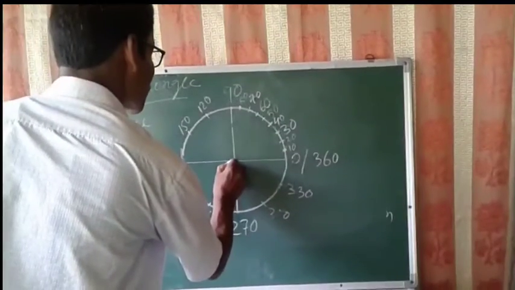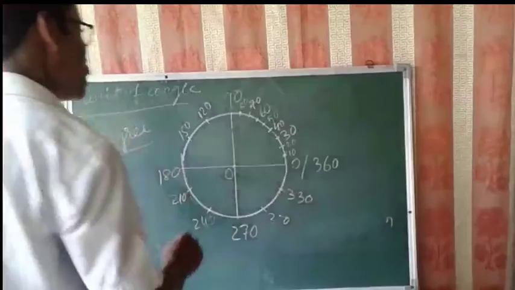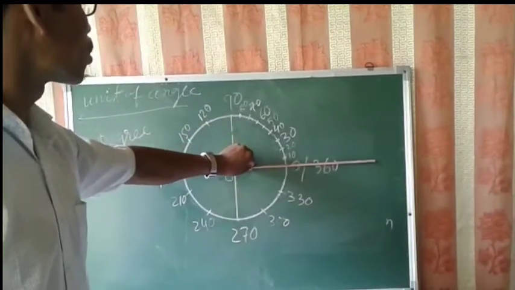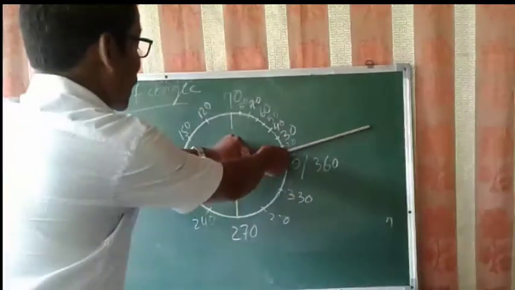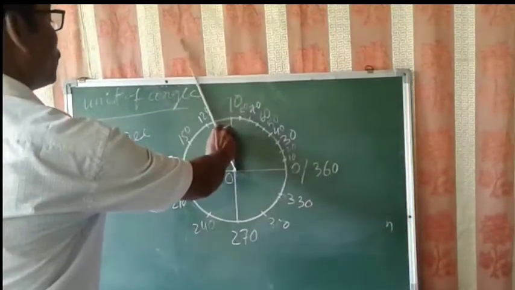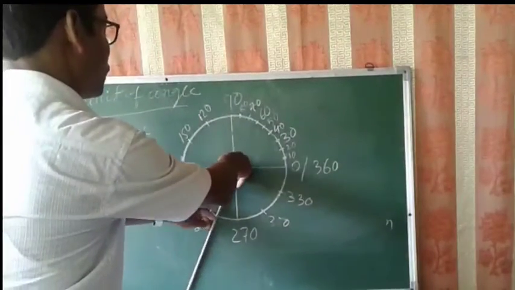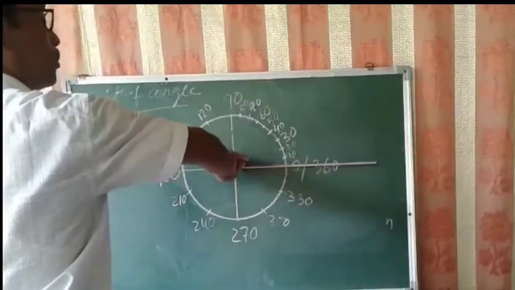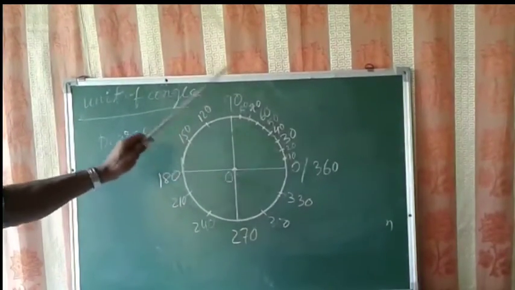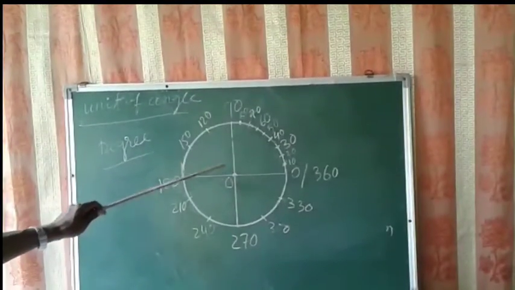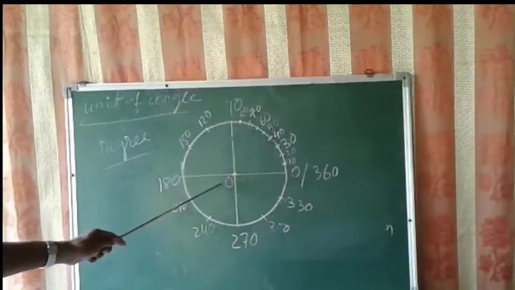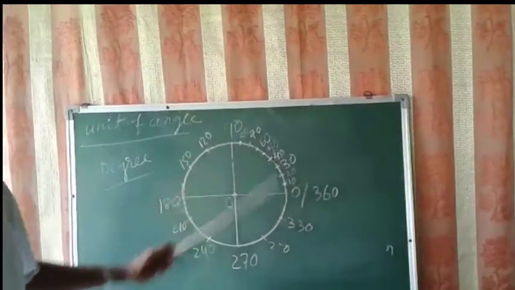Suppose there is a circle, and this circle has a center O. With O as the center, this ray rotates about the vertex O. When it completes one turn or one revolution with respect to O, then it is called a complete angle.